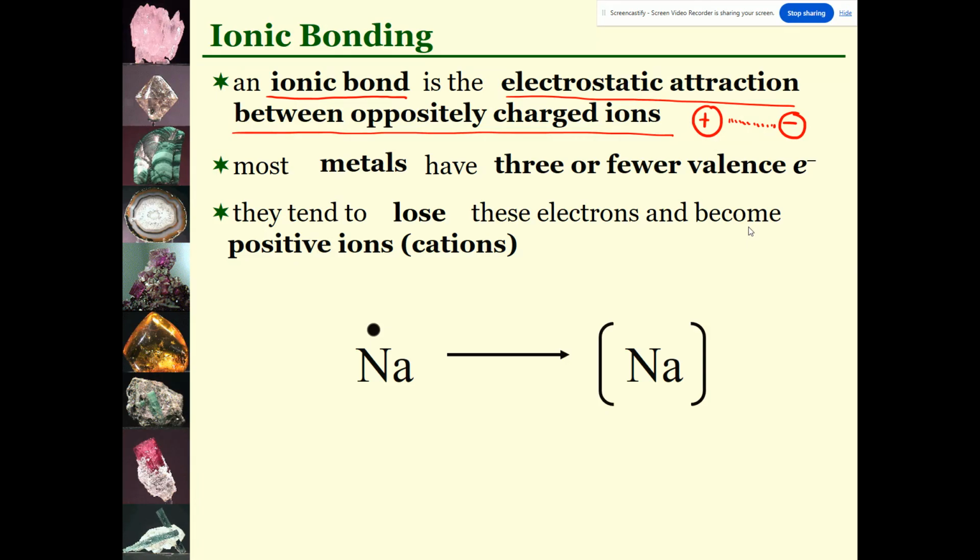I put square brackets around it and a positive symbol representing how many electrons it lost. So sodium loses 1, so it has a 1 plus charge. Remember, we don't show the 1 in chemistry. It's just plus, meaning 1 plus. So this is what a sodium atom looks like. This is what a sodium ion looks like.